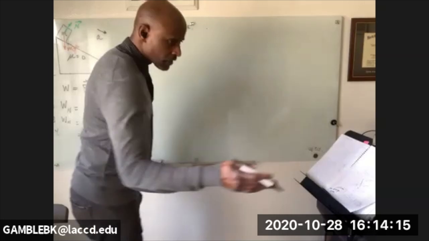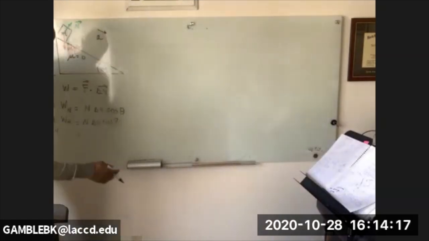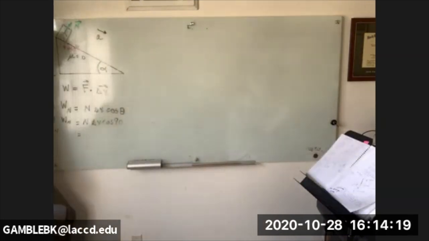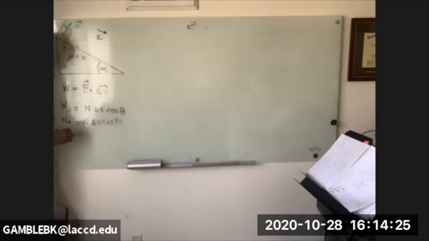Work done by a normal force. Didier, can you tell him why? It'd be 0 because cosine 90 is 0. Yeah, thought you'd be able to get that. Right, cosine of 90 is 0, so the work is 0.